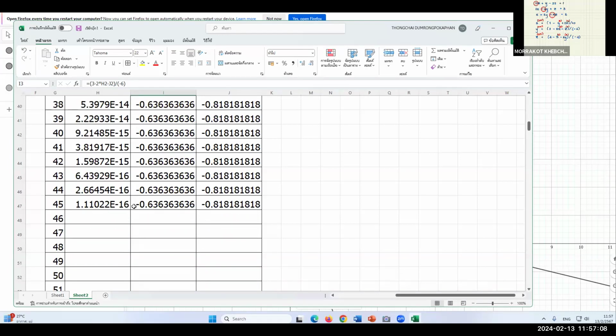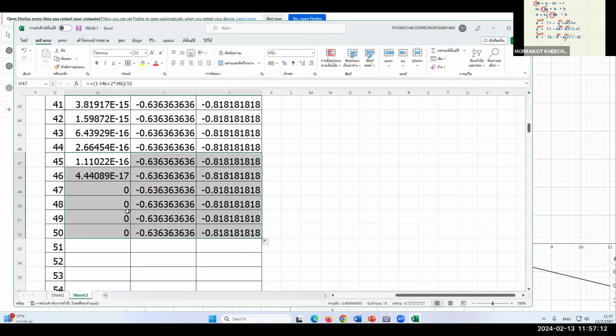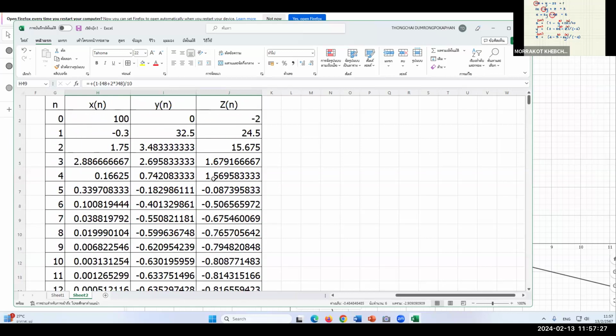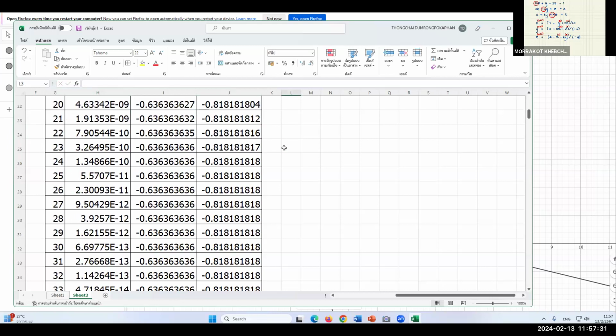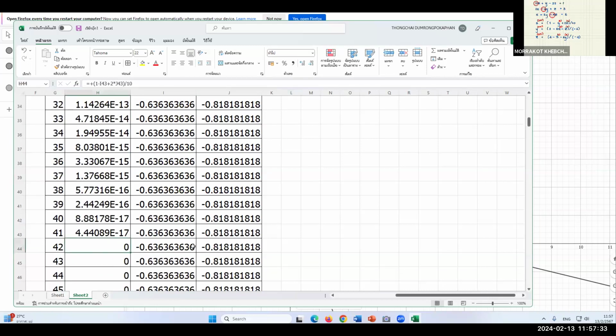It will converge, but it's not the same iteration count. It depends on how you want it. So this is like plugging in 0 and getting this one. No matter how you input your initial guess, you may put in 0, 0, 0, you get the same thing coming out.